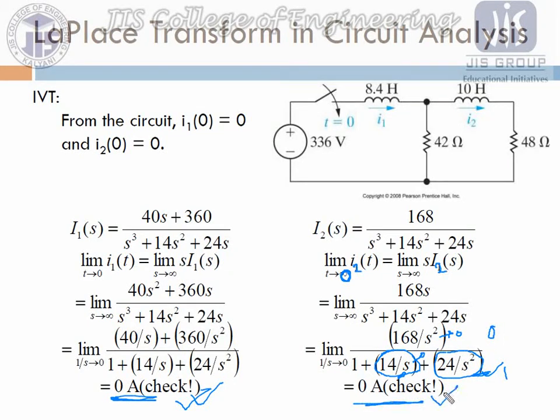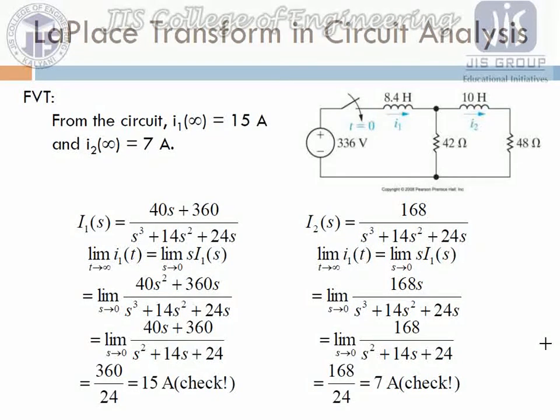By applying the initial value theorem, we again get the same result as we obtained directly from the values of I1 of t and I2 of t. We have seen that initially I1 of 0 is 0 ampere and I2 of 0 is 0 ampere. So the initial value theorem satisfies our result. Now let's see the final value theorem.